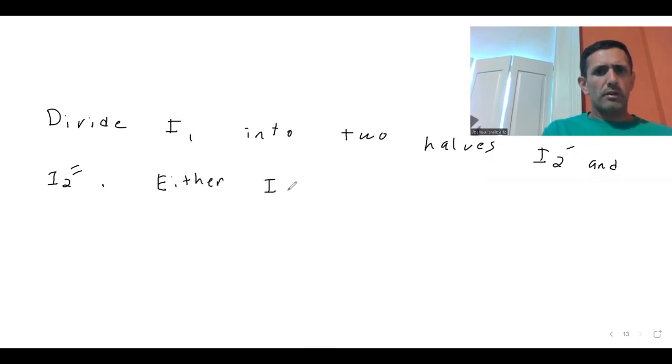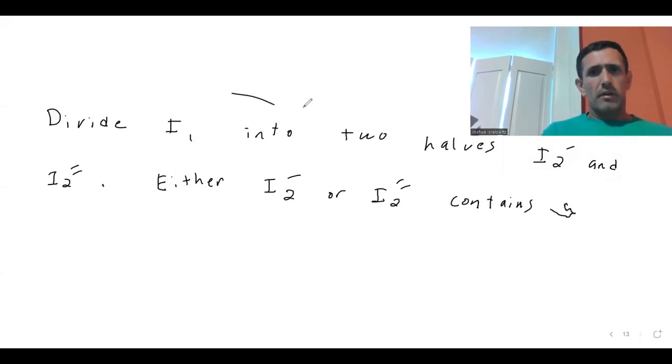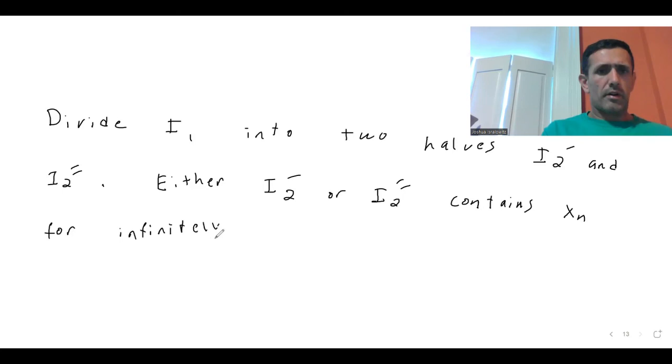Okay, so either one of these could be both, but at the very least, either one of these has to contain xn for infinitely many n.